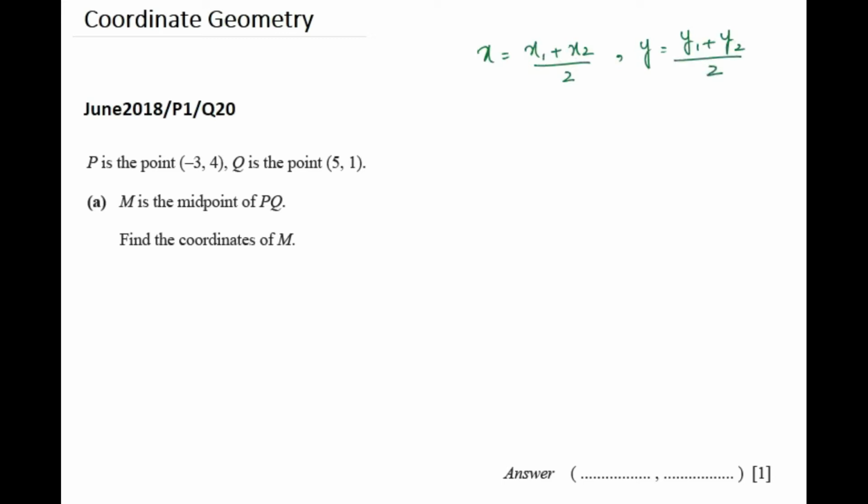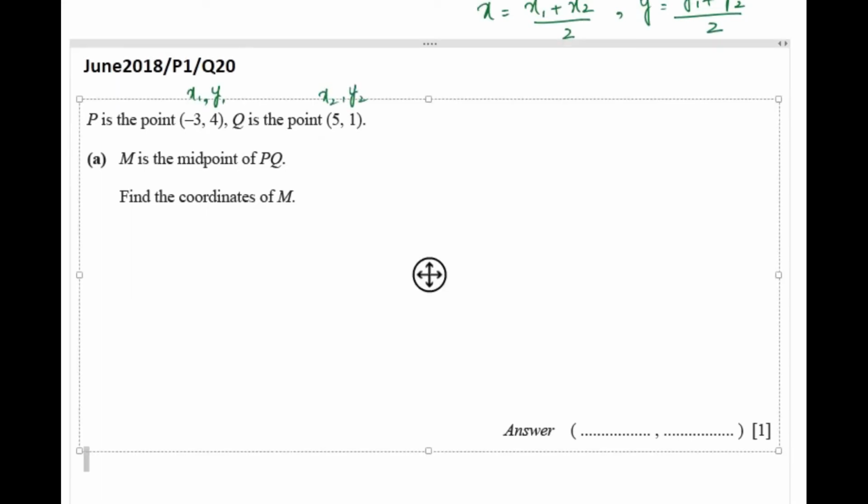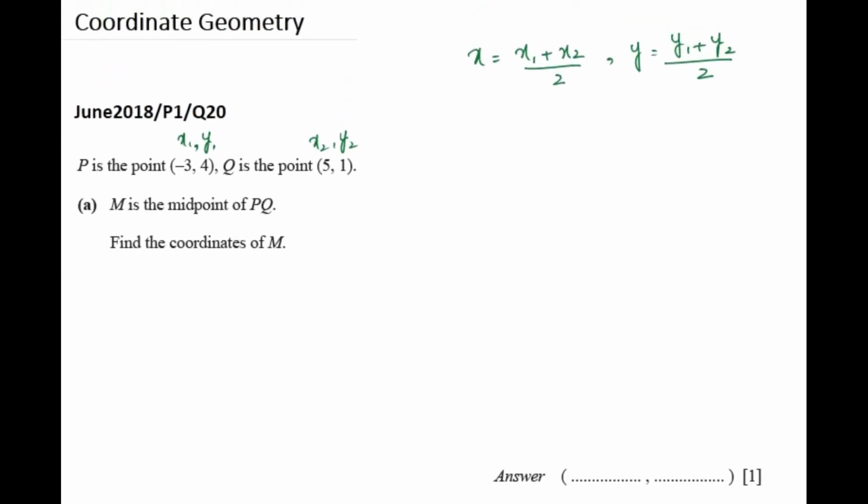As we have two points here, P (-3, 4) and Q (5, 1), we will consider these two points as x1, y1 and x2, y2. When we substitute these values in the formula, x is equal to x1 plus x2 upon 2.